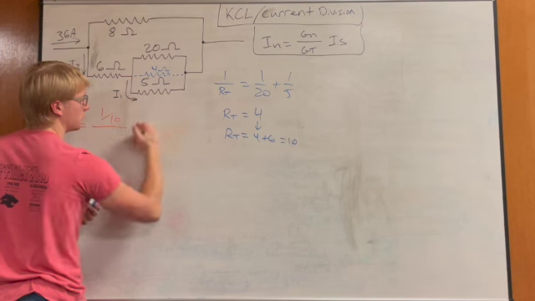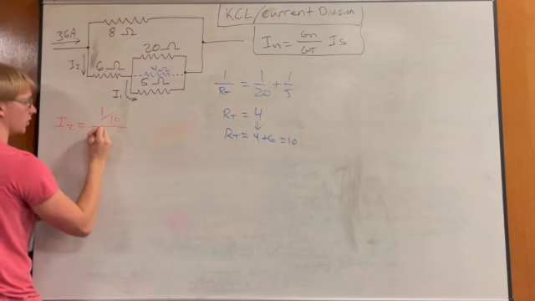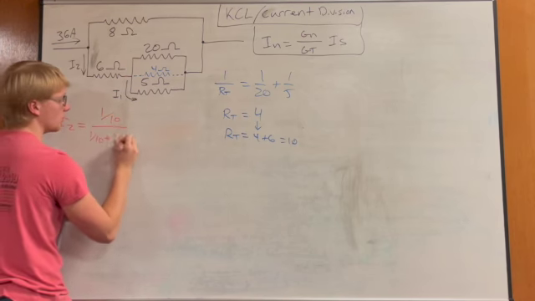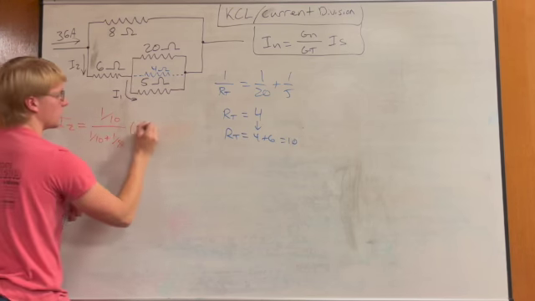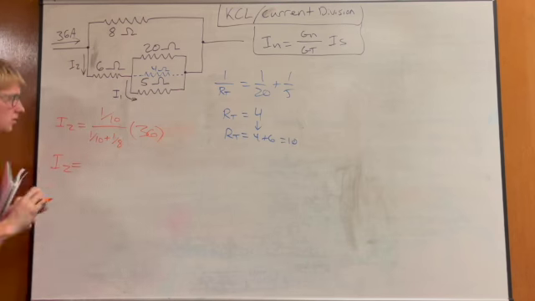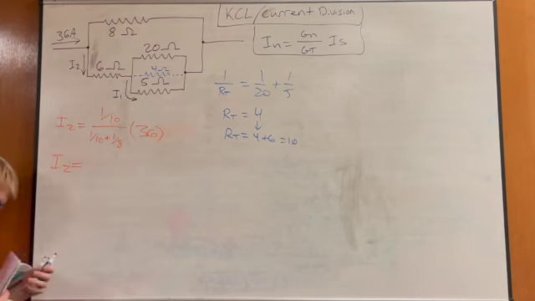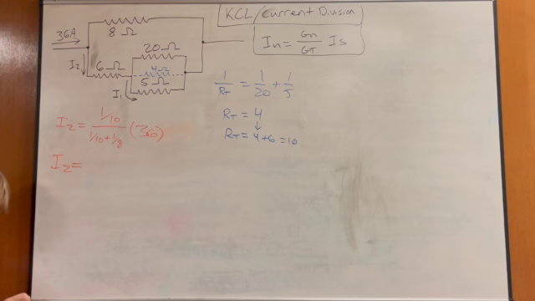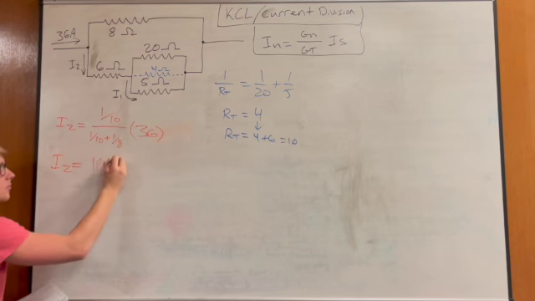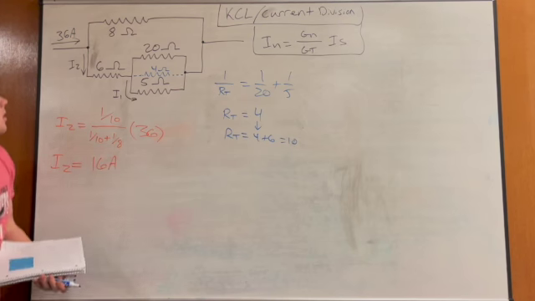So we're going to have 1 over 10 plus 1 over 8, and we're going to multiply that by the current source, which is 36. When you do this math, you're going to end up with I2 as 16 amps.